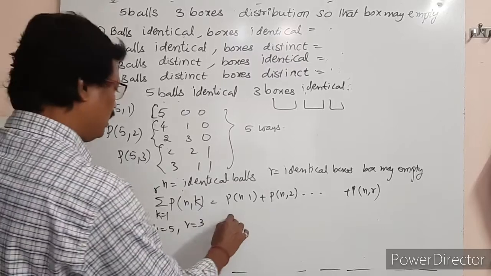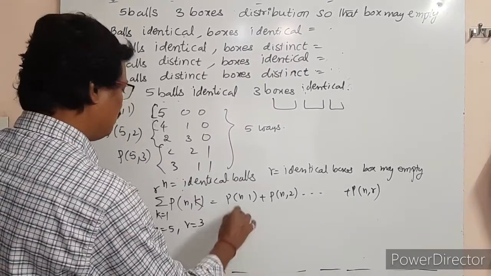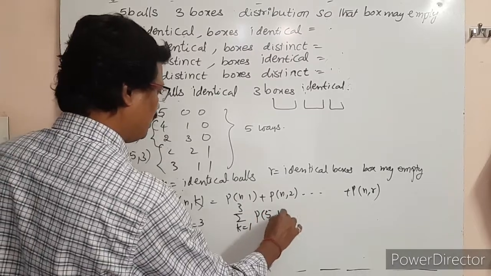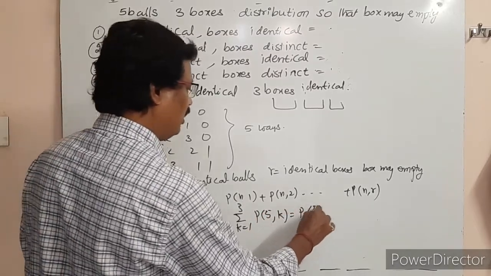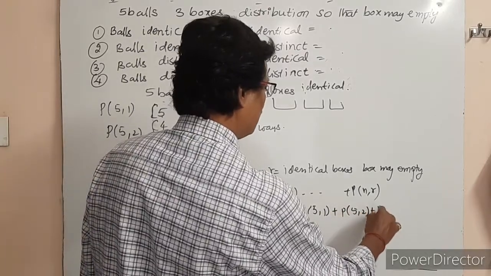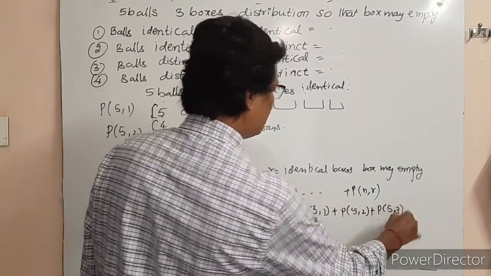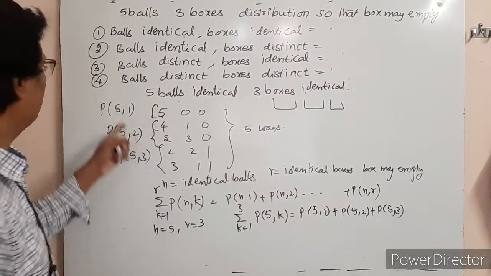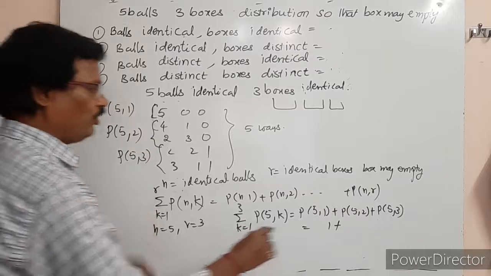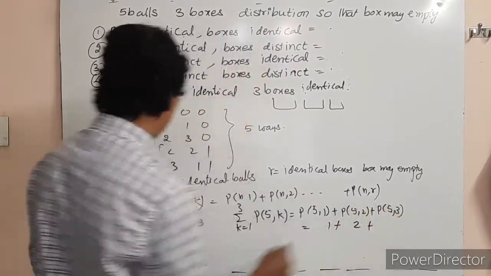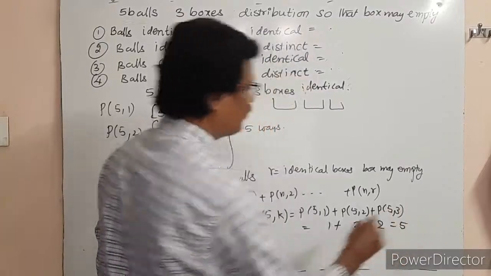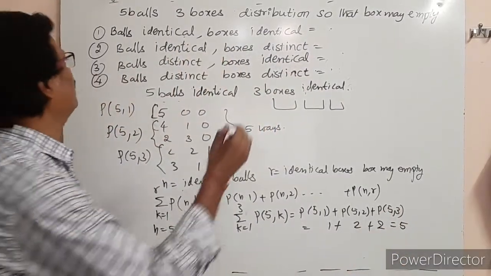Therefore sigma k is equal to 1, 2, 3, P of 5 comma k: P of 5 1, P of 5 2, P of 5 3. P of 5 1 is what? One way. P of 5 2 is 2 ways. P of 5 3 is 2 ways. Total answer is 5. Therefore this answer is 5.